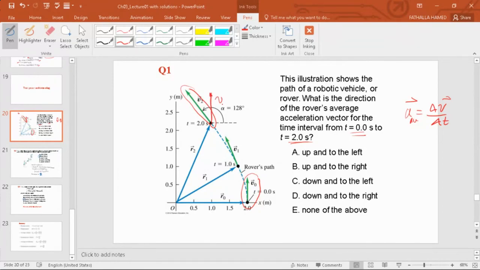That's basically your v0. And then you want to get the delta v here. If you look at delta v here, you will find that it's pointing toward the left, and it is up. Is this clear?